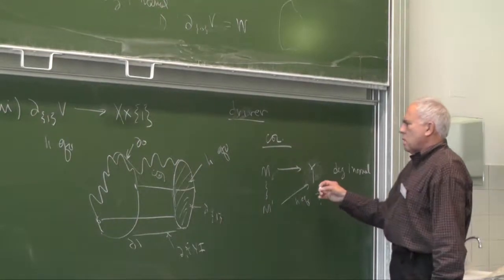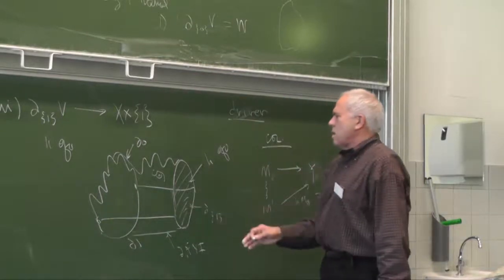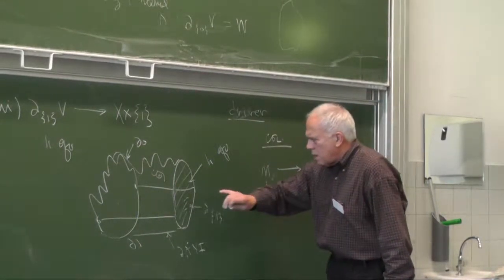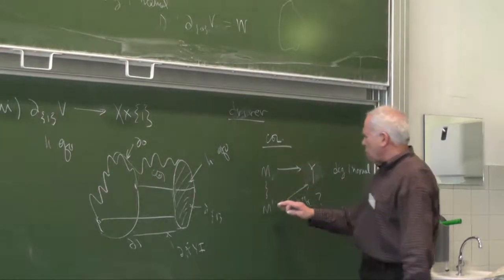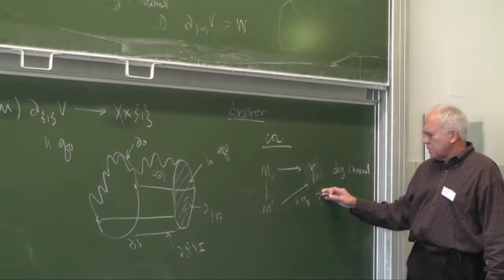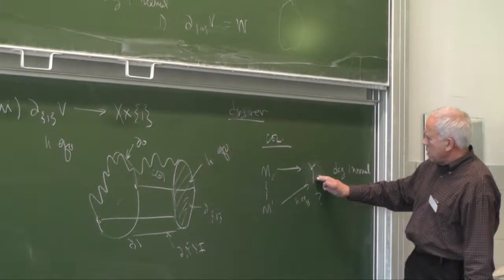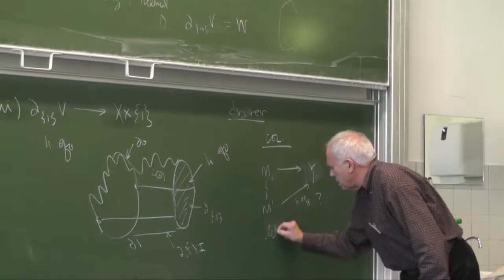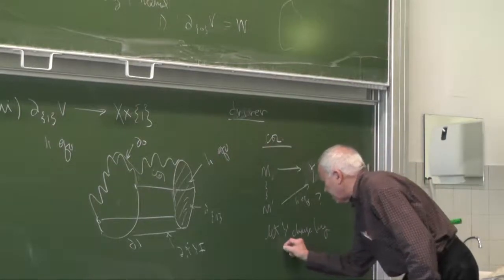Well, this says that that is implied by a much weaker thing. That you can let Y change by Poincare bordism.